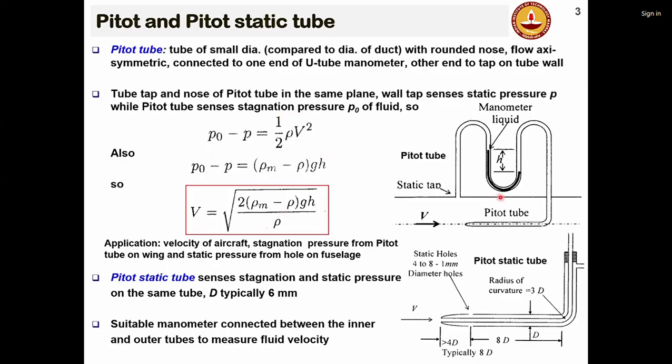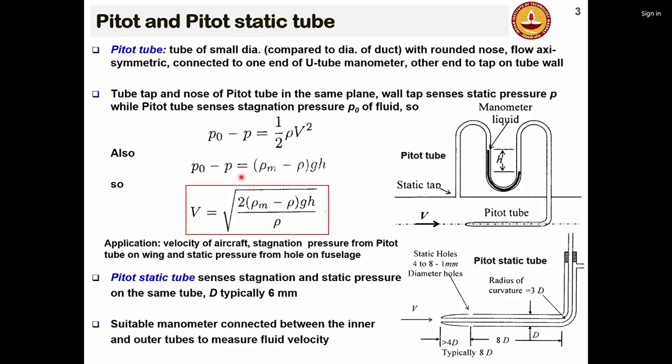Now, in a manometer, the difference between the stagnation pressure, which is on the pitot tube side, and the static pressure, which is on the static pressure tap side, this difference is basically given by the change in the height of this manometer liquid.